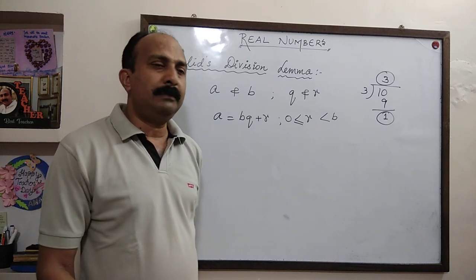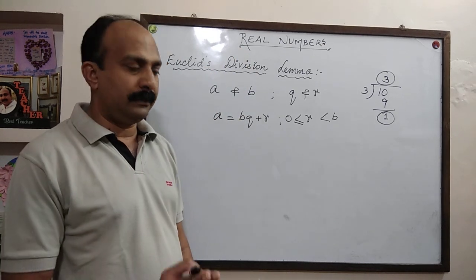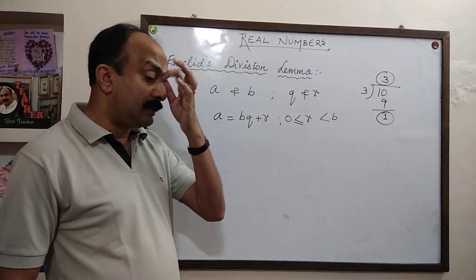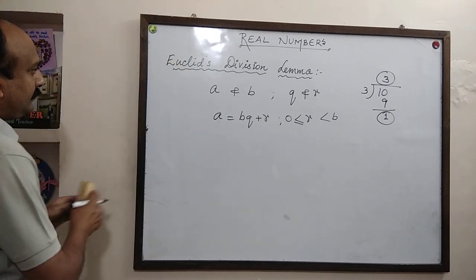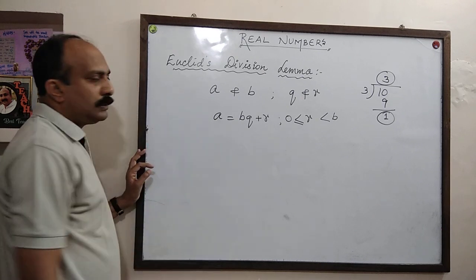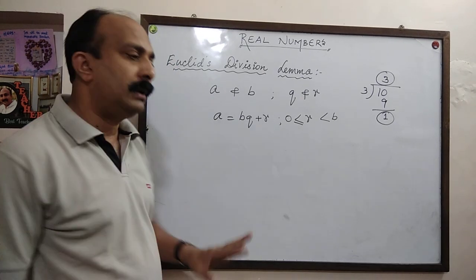That long division method is the same as Euclid's division algorithm, or you use Euclid's division lemma. I will explain with an example how to use Euclid's division lemma to find the HCF of two or more numbers.